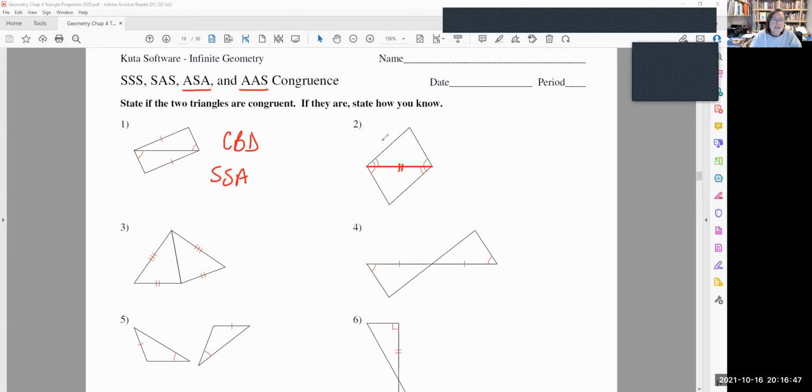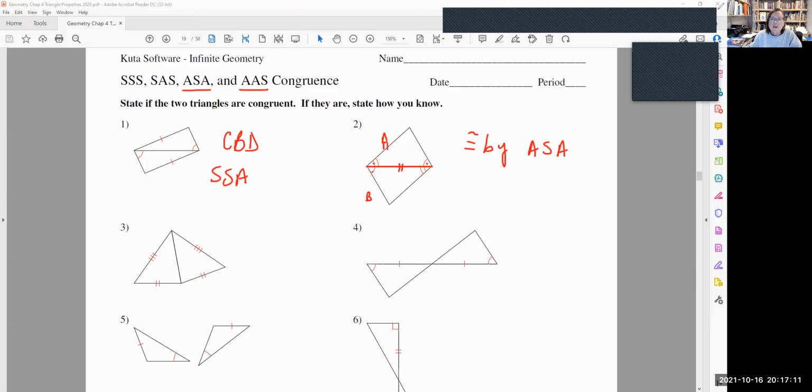And now what I notice, again, if I'm going to call this A, I'm going to call this B, okay? So A has an angle, side, angle, all right? And then look at B, corresponding angle, side, angle. So I would say, yes, these are congruent by angle, side, angle, all right?